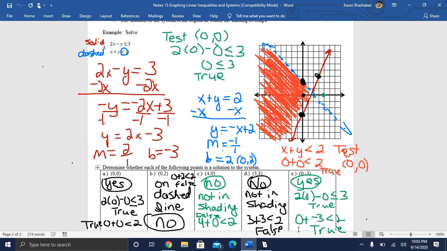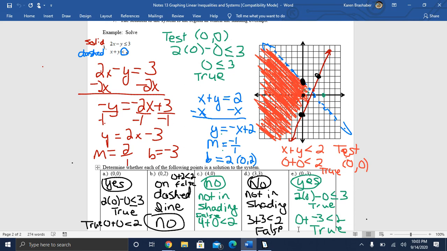So when you're asked to find the solution, the easiest place to look is at the graph. But if you want to double check it, you can always substitute in. If only one of the statements is true, then that ordered pair is not a solution to the system.